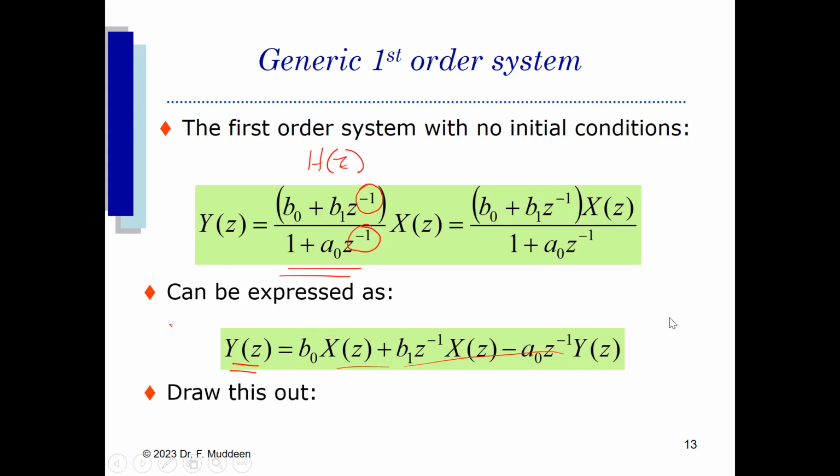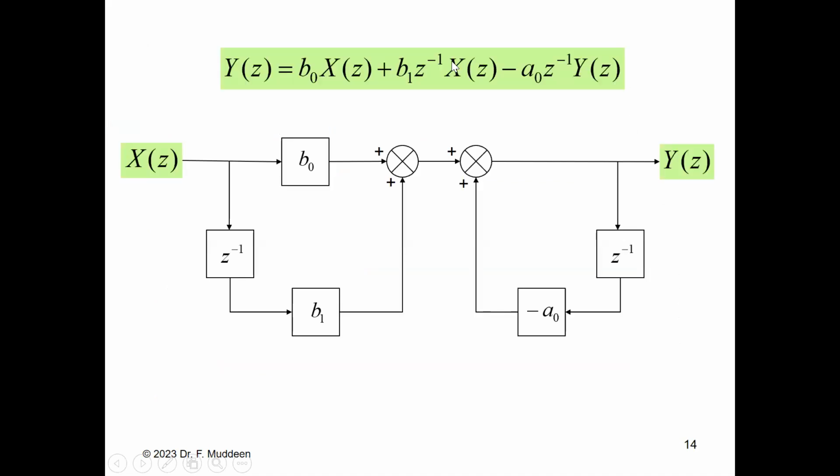Let's draw this out. We could draw it straight out from the diagram that we had. You put it here. Notice I'm using little squares here. So XZ multiplied by B0, then 1 delay, and it multiplies by B -1, and we add it up. Right? So we take these two and we add them up.